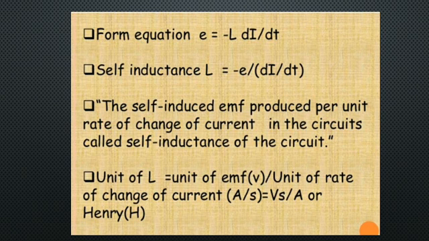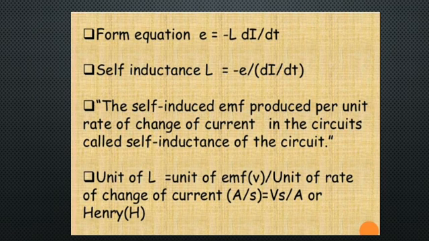From the previous equation, I'm taking E is equal to minus L dI by dt, because the minus is for the current direction. Therefore according to self-induction, L is equal to minus E divided by dI by dt. The self-induced EMF produced per unit rate of change of current in the circuit is called self-inductance of the circuit.